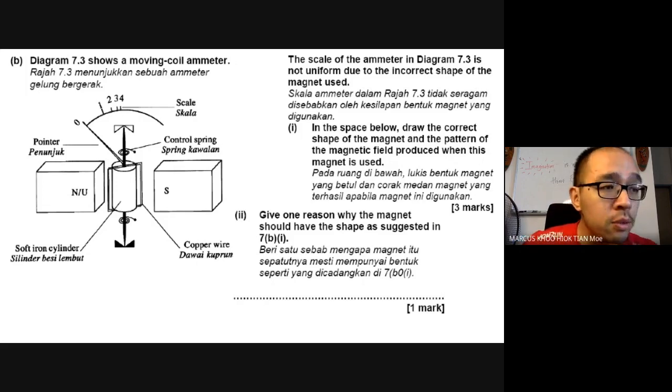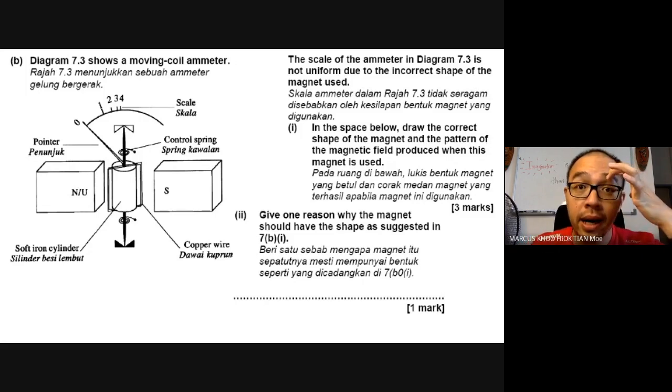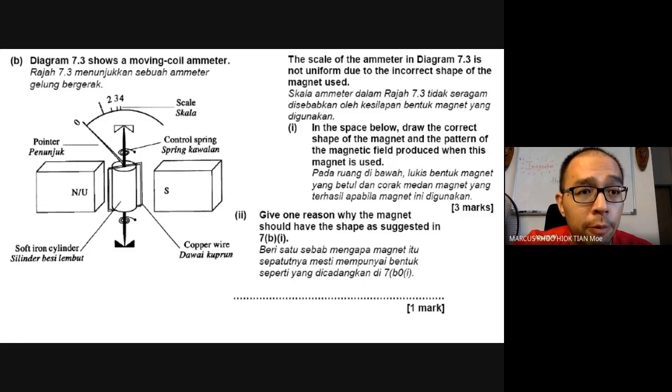Okay. So this is one of the uses of this force, the Lorentz force, in our own ammeters. When we supply the current, there is actually a copper wire that is attached to a magnet, nearby a magnet. So this will spin.